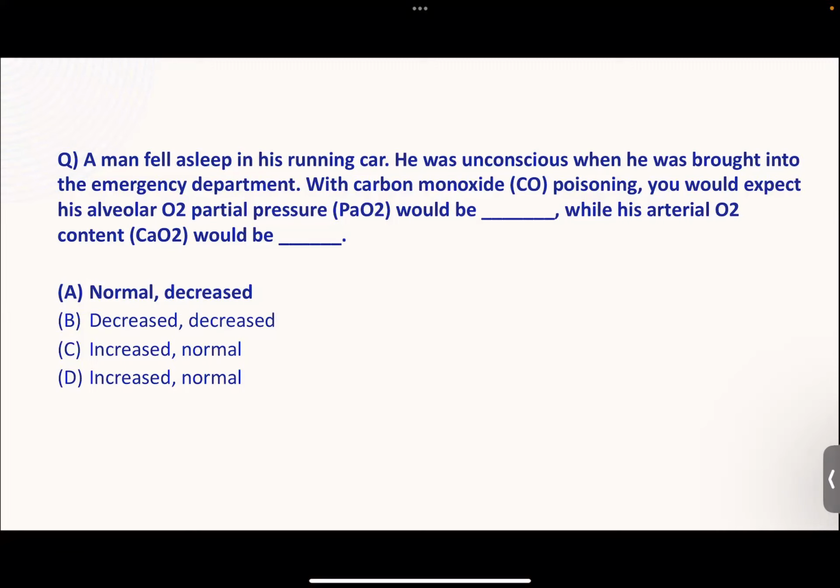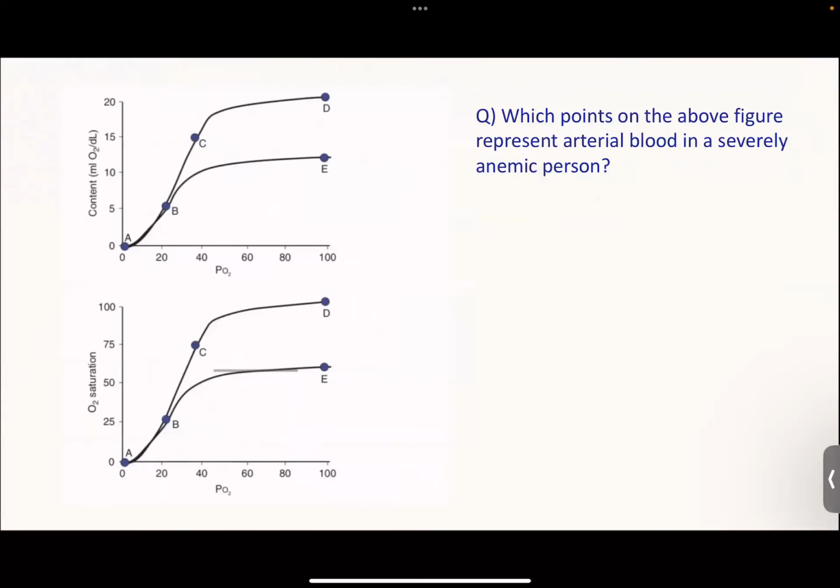Okay, we have one last question, and it's about graphs. Which points would represent arterial blood in a severely anemic person?